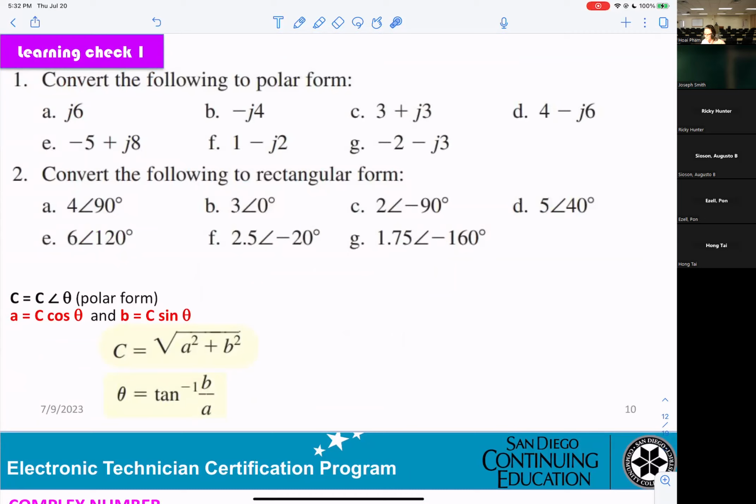First, number one, convert to polar. A, Z6 equals? Z6 equals 6 angle 90 degrees.